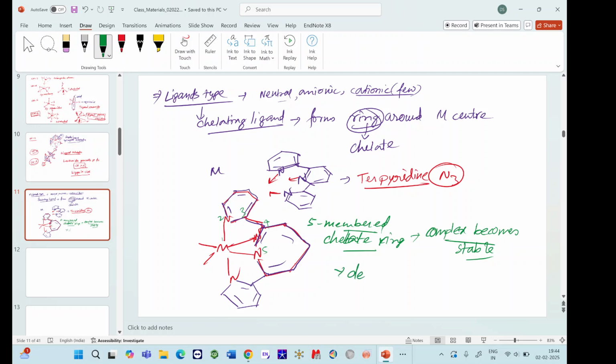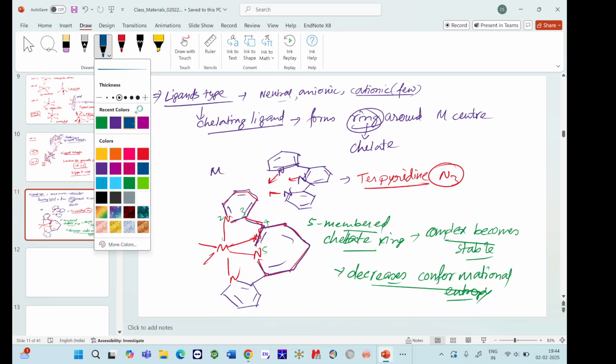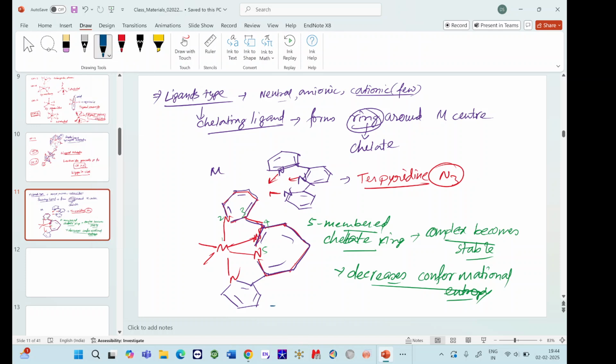That decreases the entropy, the conformational entropy. That is why it is stabilized much more. Some types of chelate ligands are a little bit better, which we discuss in the next slide.